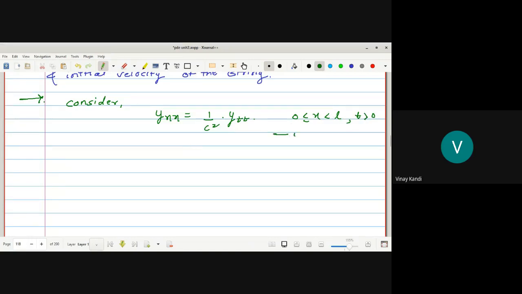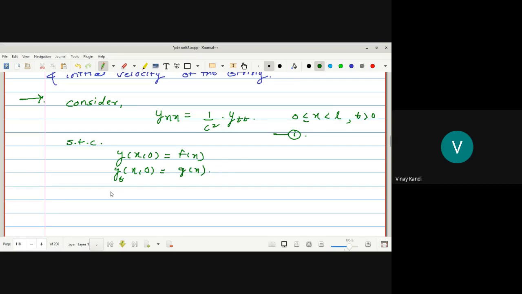Give it as equation number 1, subject to the conditions y of x,0 is equal to f of x, y t of x,0 is equal to g of x.